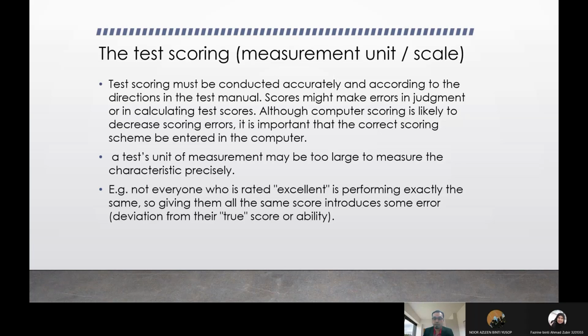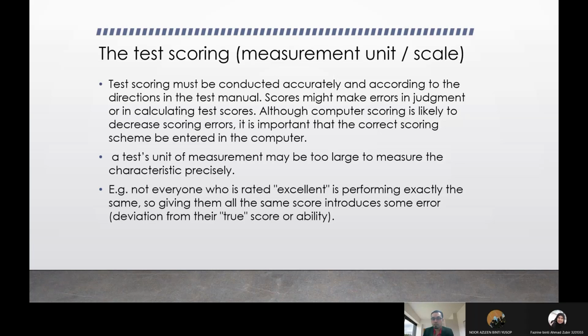Although computer scoring is likely to decrease scoring error, it is important that the correct scoring scheme be entered in the computer. So that's why masa nak tetapkan scoring untuk setiap item tu, kena make sure that the unit tu, the decision nak tetapkan unit tu kena constant in the first place.